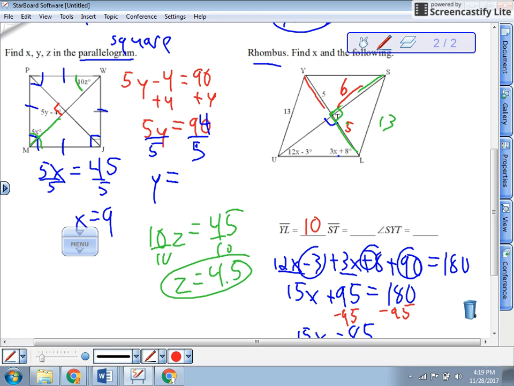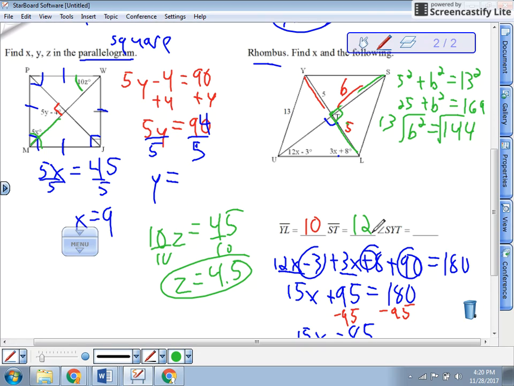A right triangle where we know 2 of the 3 sides, we're going to use the Pythagorean theorem. So we're going to say 5 squared plus b squared equals 13 squared. So it's going to be 25 plus b squared equals 169. We're going to subtract 25, so b squared equals 144. So we know that the square root of that, ST, is then going to be 12.